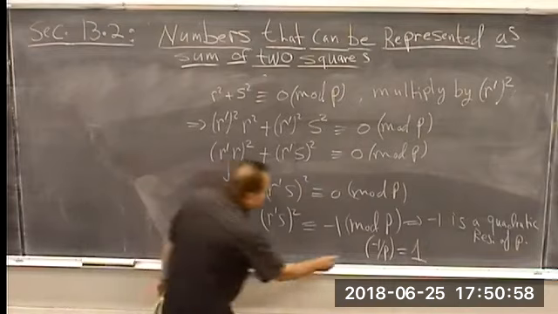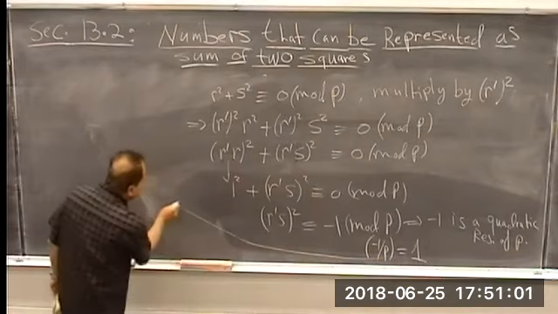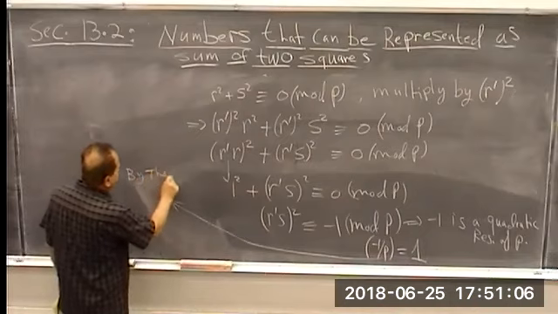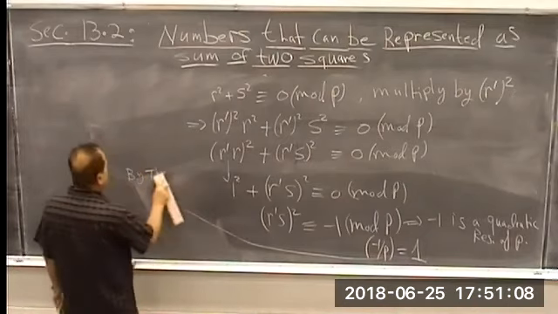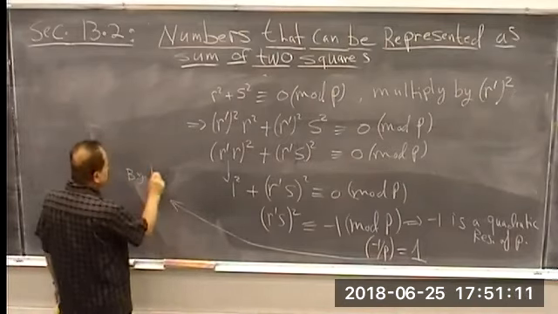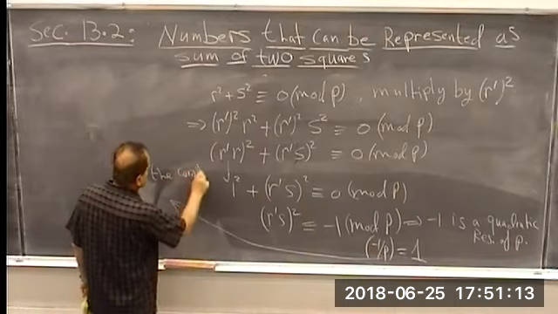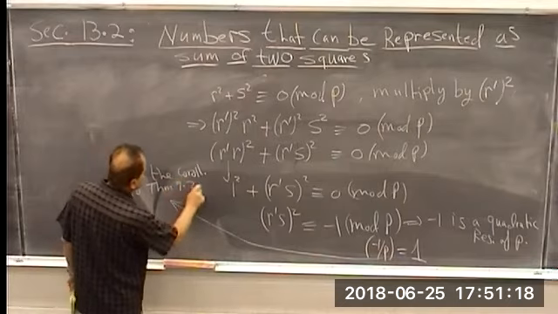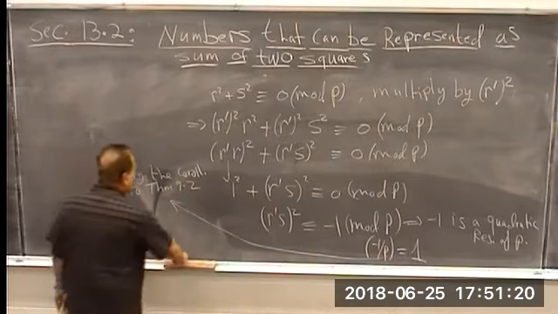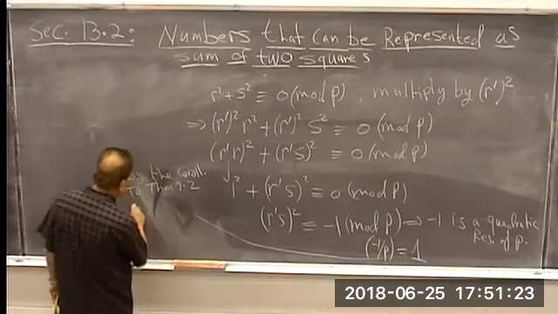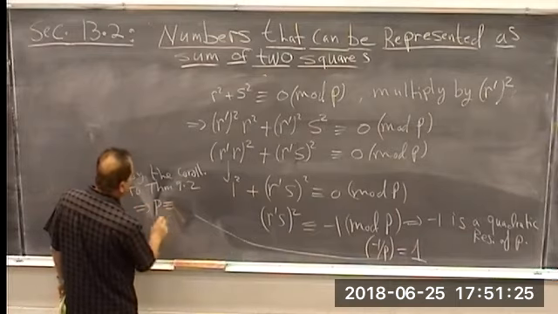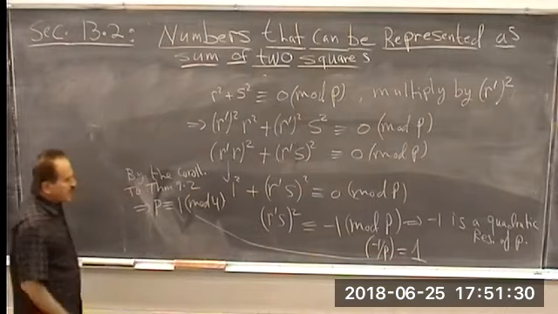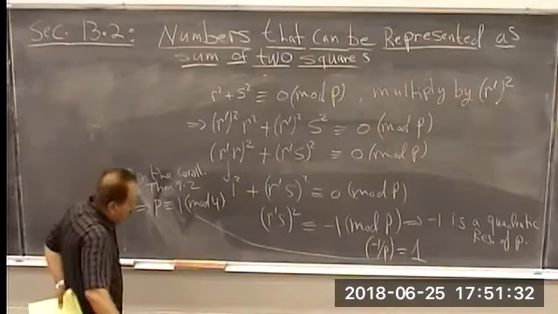But this implies, again, this is by the corollary to theorem 9.2, p must be congruent to 1 mod 4. Now, remember that p was a prime factor of m.